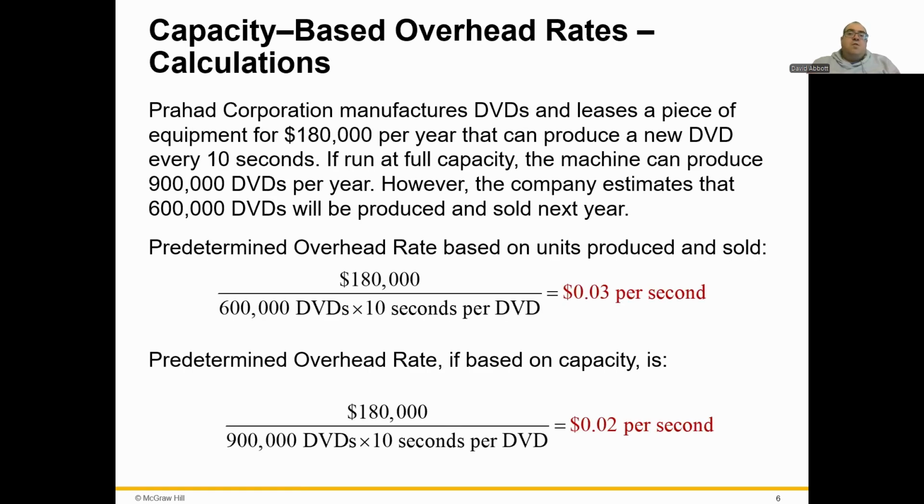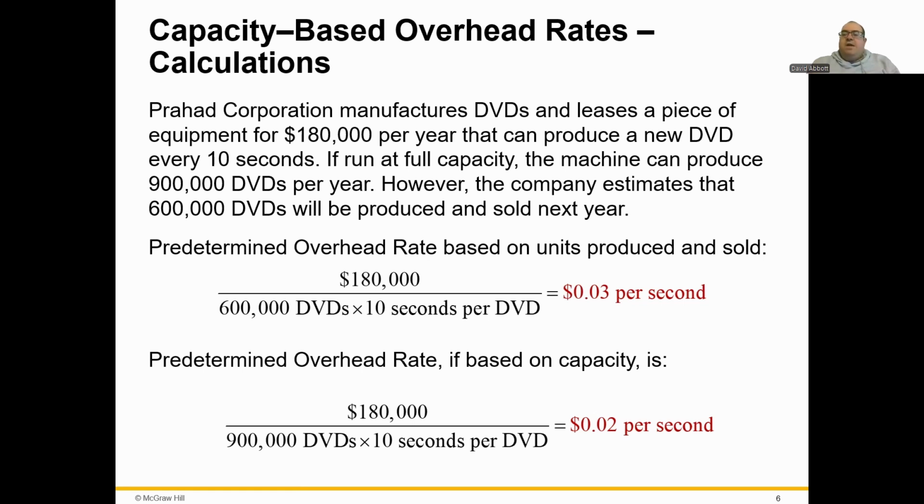So we'll look here. So capacity-based overhead rates calculations. Prahad Corporation manufactures DVDs and leases a piece of equipment for $180,000 per year that can produce a new DVD every 10 seconds. If run at full capacity, the machine can produce 900,000 DVDs per year. However, the company estimates that 600,000 DVDs will be produced and sold next year.